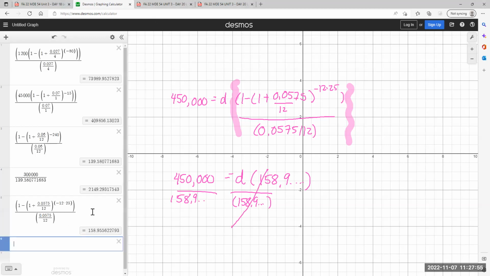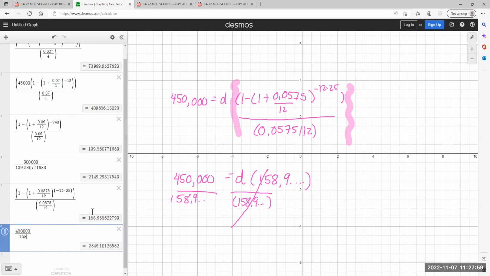So I'm going to come over here and take 450,000, and then the entire number, you don't actually want to round it because it'll be enough to make it wrong. Okay, so then I end up getting my answer. And that's through Desmos.